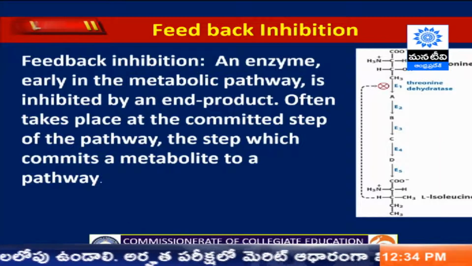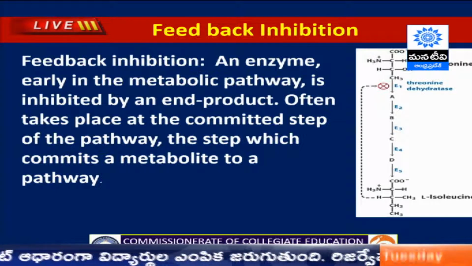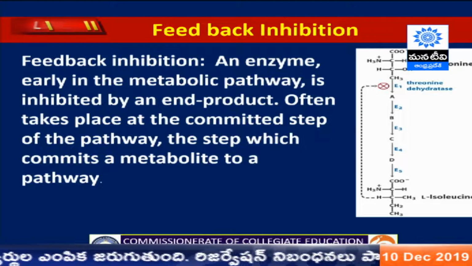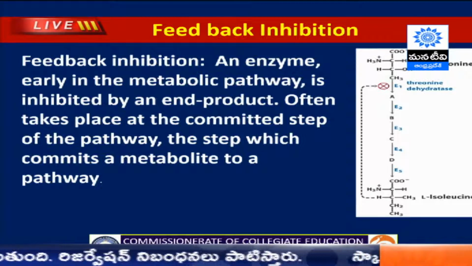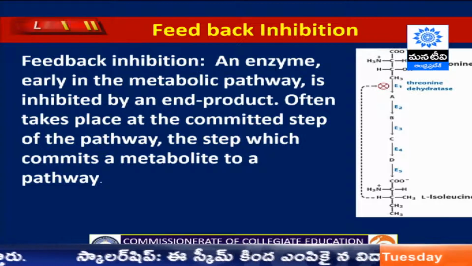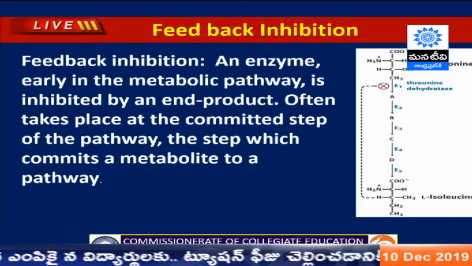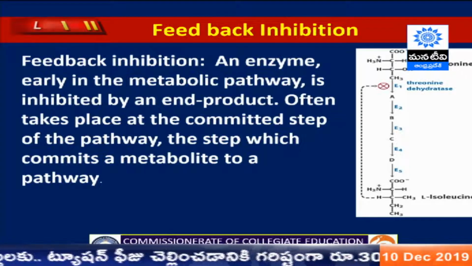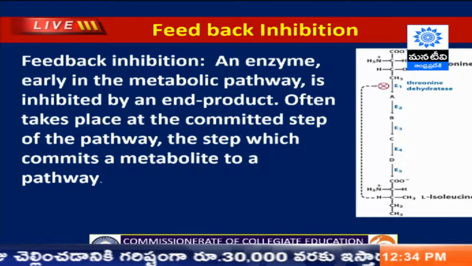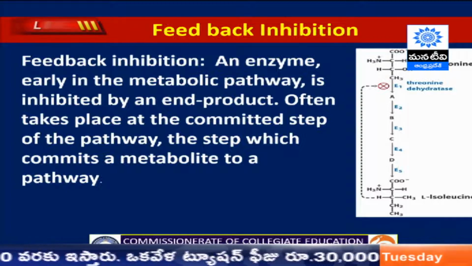The other mechanism is feedback inhibition. In feedback inhibition, the end product inhibits an enzyme early in the metabolic pathway. In the figure you are looking at, it is a simple feedback loop where the final product is interfering with the enzymatic activity early in the pathway.